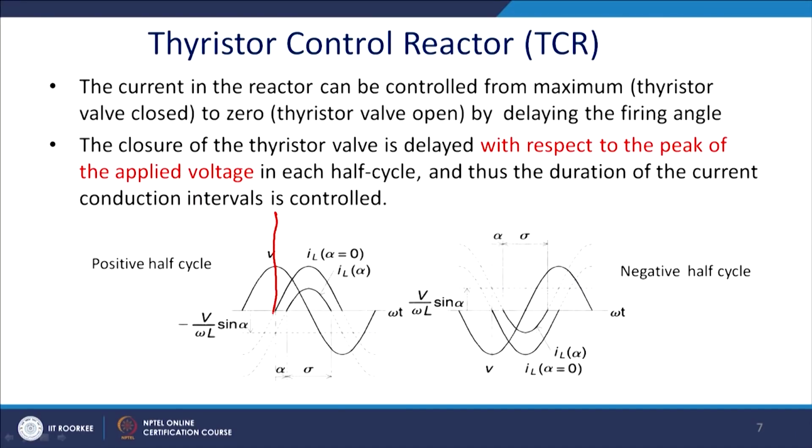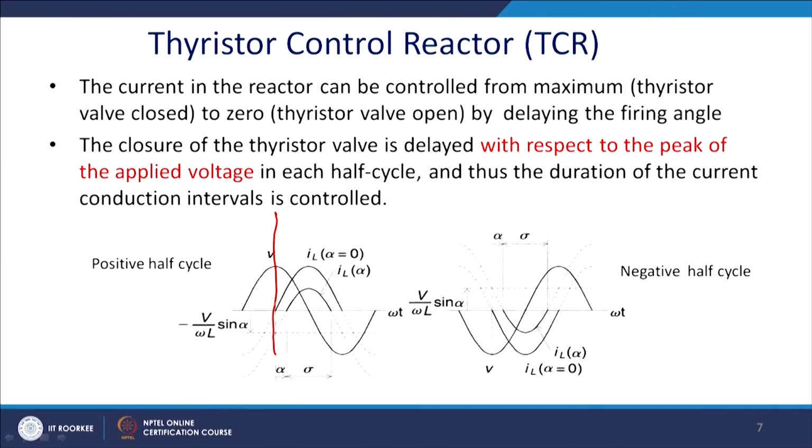Now, let us understand the waveform. We have told you that alpha is required to be 90 degree, and it is compensating the inductive current. So, definitely it will have a phase lag of 90 degree.